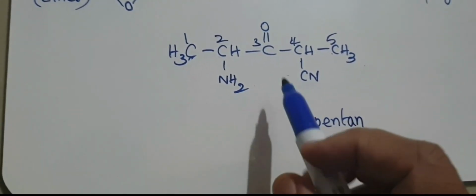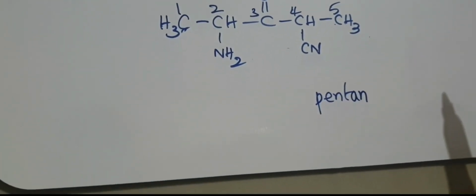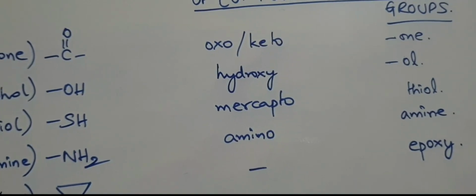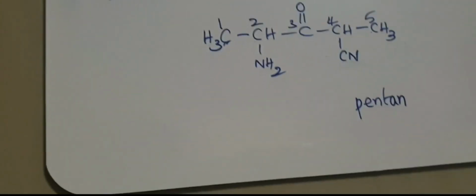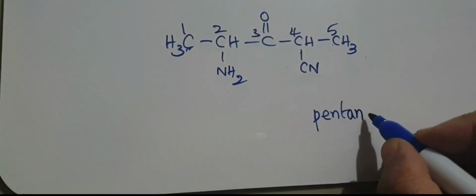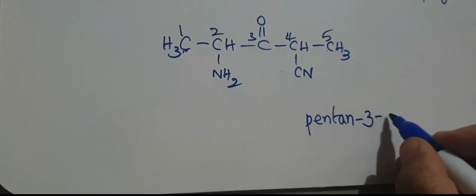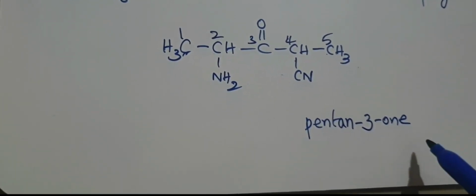What is the functional group here? CO is the functional group. The suffix is one, and we have to write the position of the ketone group. It is at 3, therefore it is pentan-3-one.